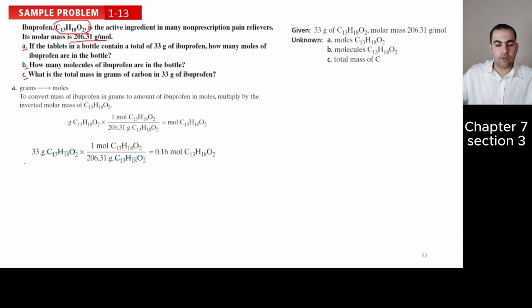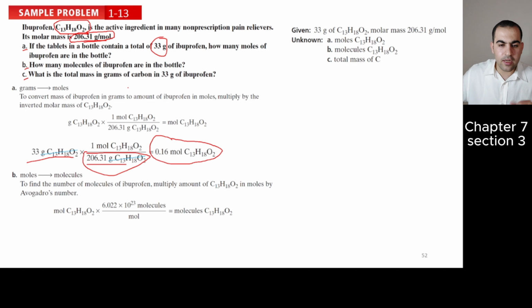So 33 grams we have, divided by 206.31. It equals 0.16 mole of ibuprofen. Molar mass, where did we get this? It's given here. And the mass is given. Mass divided by molar mass, you get the mole.